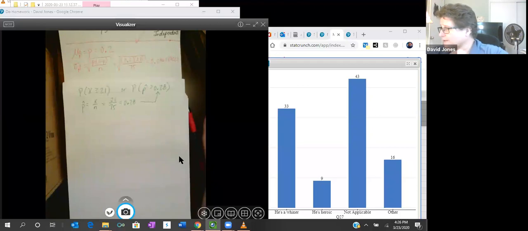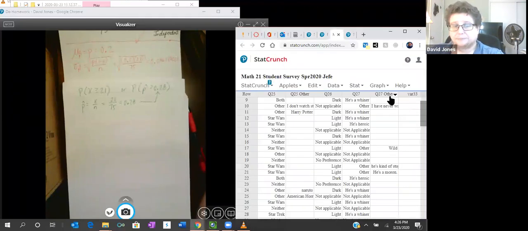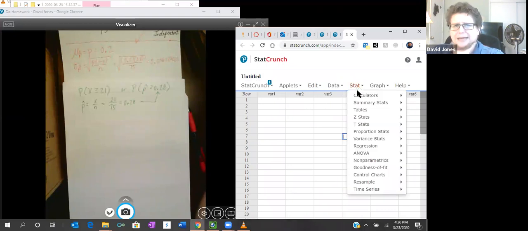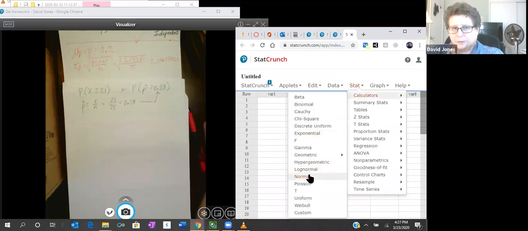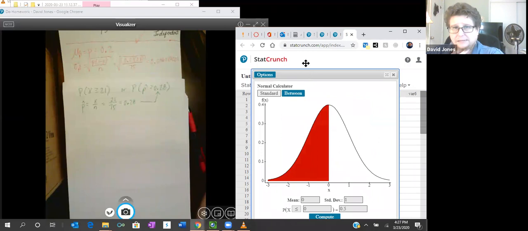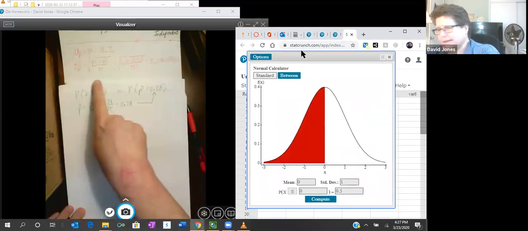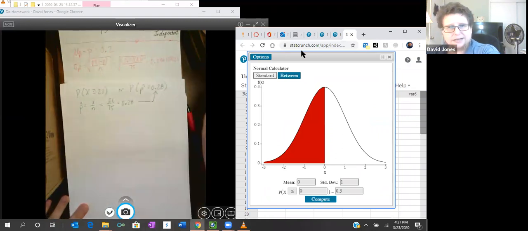So how do we calculate this? Well, here we can go into StatCrunch. Let me open up a new one. We're going to go stats, calculators, normal. We have our mean. We calculated the mean and standard deviation right here, so I'm going to enter those in.